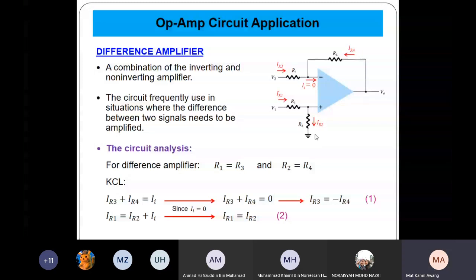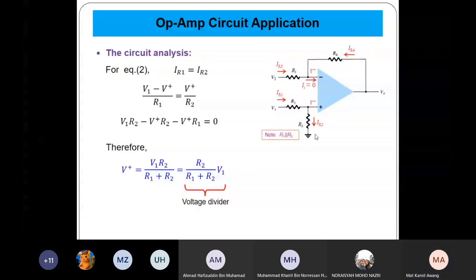So from equation 2, IR1 equals IR2, then we can write this. What is IR1? IR1 is basically V1 minus V plus divided by R1. What is IR2? IR2 is V plus divided by R2. So you get this. Rearrange the equation.